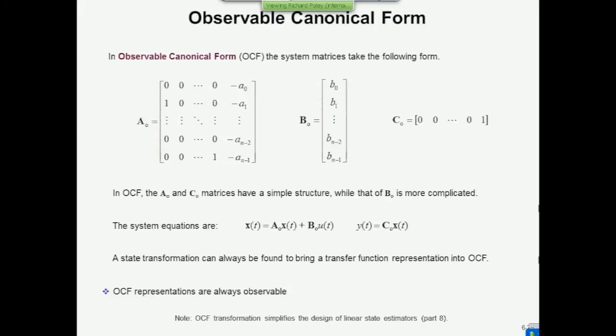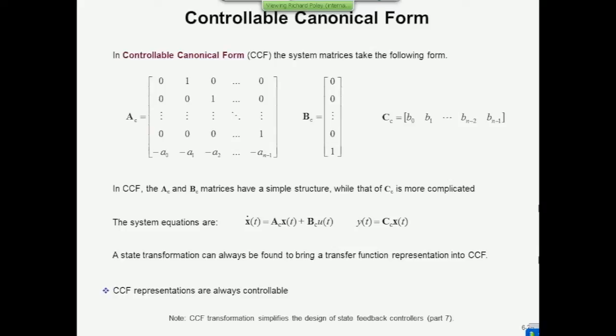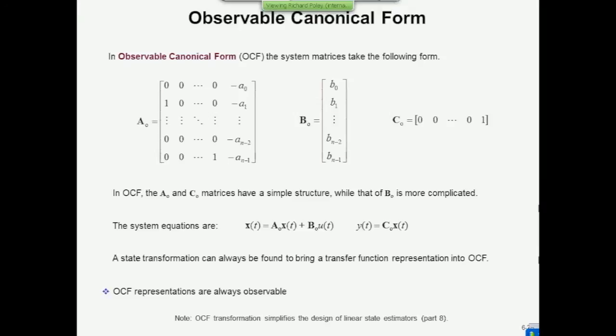And now if you look at the input matrix for the observable canonical form, and you compare it with the output matrix of the controllable canonical form, those two are related by a transpose as well. So, in some sense, the controllable output matrix is the transpose of the observable input matrix and vice versa.